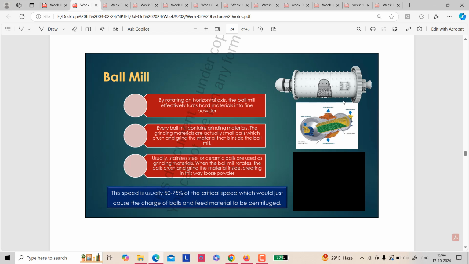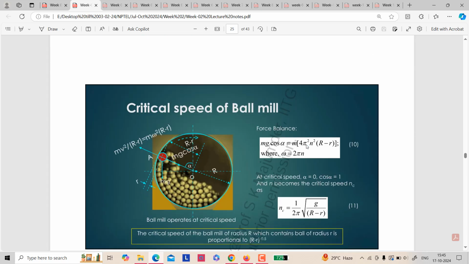So our material is inside this chamber. There are balls, and when this whole chamber is rotating in a horizontal direction, these balls help to crush the material. The speed is usually 50 to 75% of the critical speed, which would just cause the charge of balls and feed material to be centrifuged.